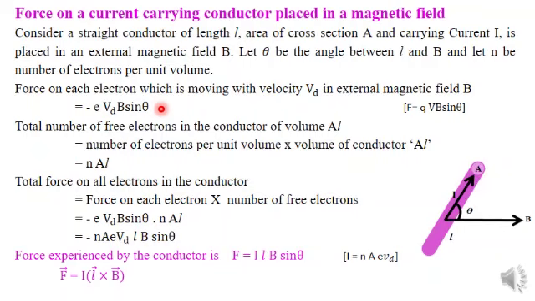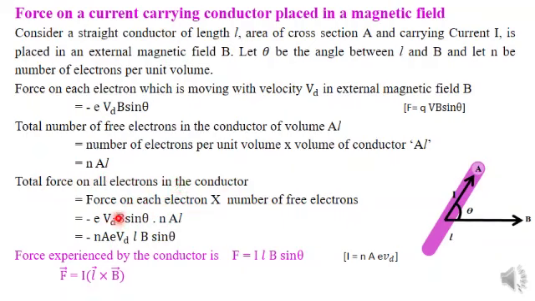The total number of free electrons in a conductor having volume A L is the number of electrons per unit volume times the total volume of the conductor. That is n into A L. So, the total force on all the electrons in the conductor is the force on each electron times the number of electrons in the conductor.